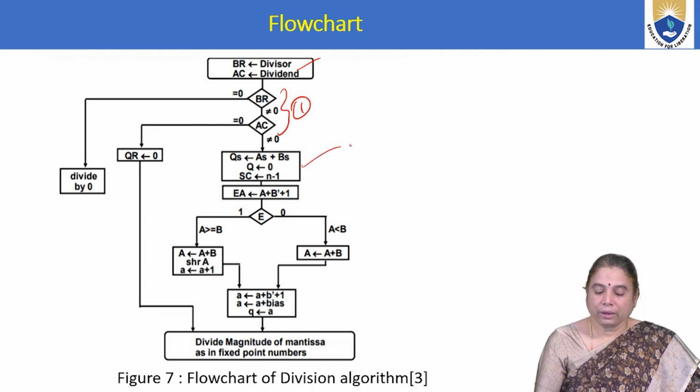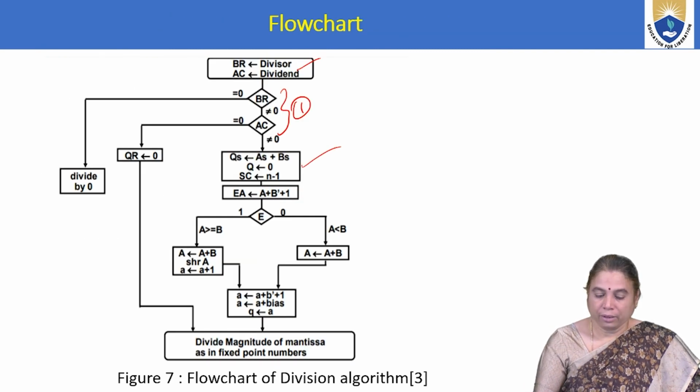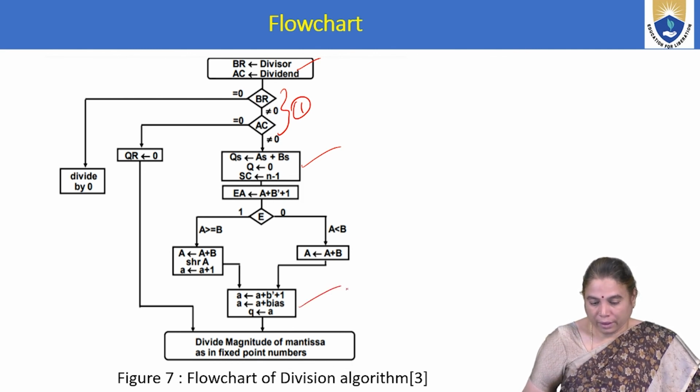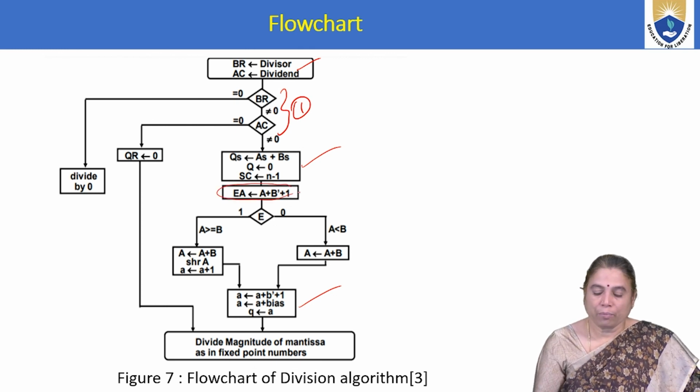And next, the third step can be to align the dividend. So depending upon the value that is obtained in the E, the dividend can be adjusted based on whether one of the two numbers that are considered is greater than or less than the other. And the next step, the subtraction can be performed on the exponent with 2's complement subtraction method.